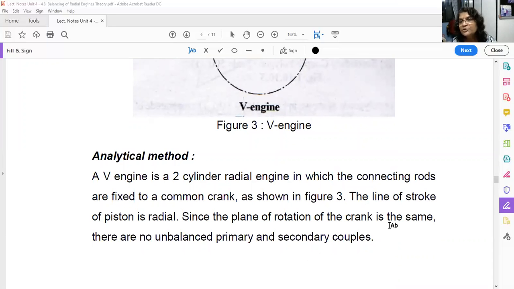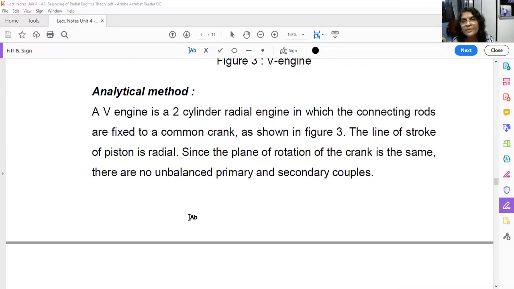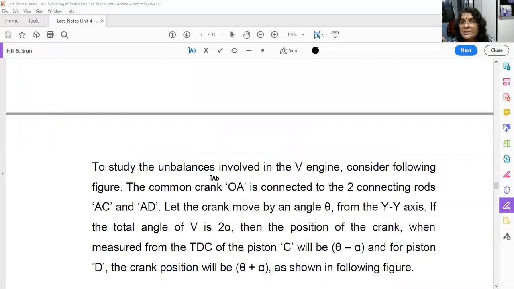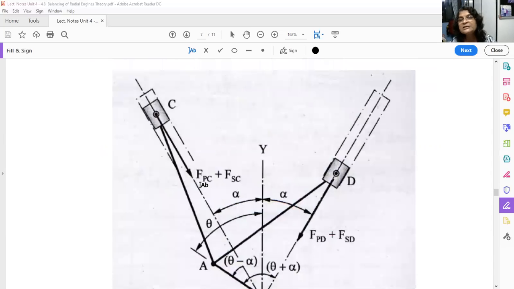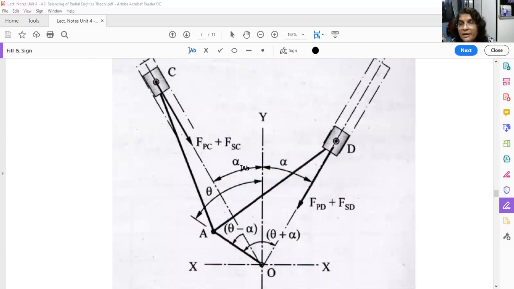Since the plane of rotation of the crank is the same, there are no unbalanced primary and secondary couples if forces are balanced. Now, to study the unbalances involved in the V engine, consider the following figure. The forces are shown here. Now you have to imagine that the crank is rotating.